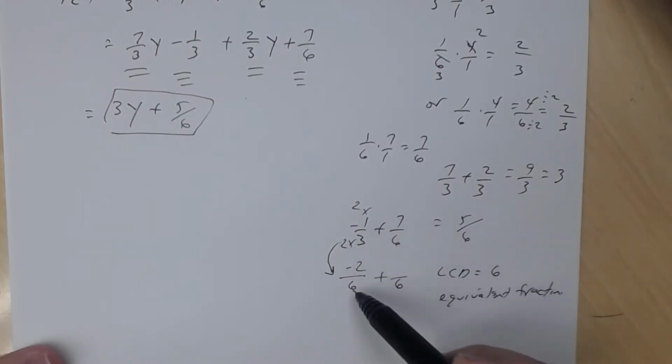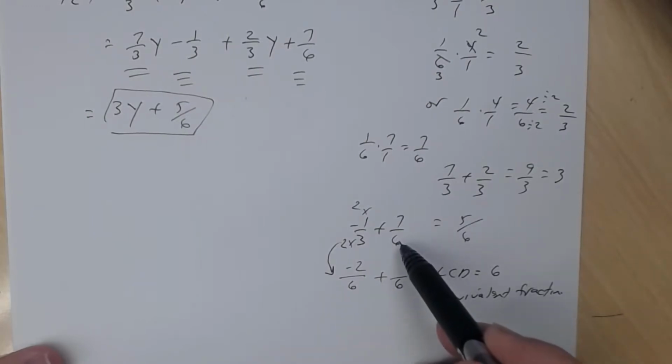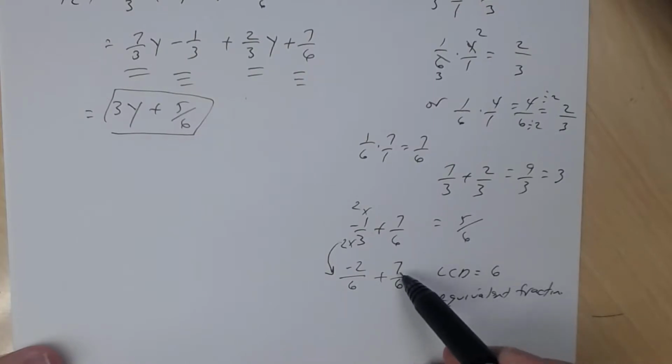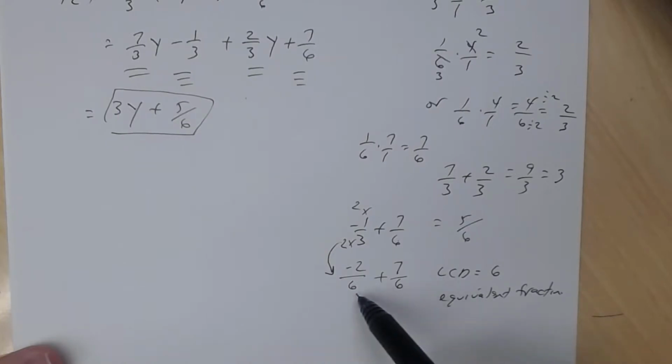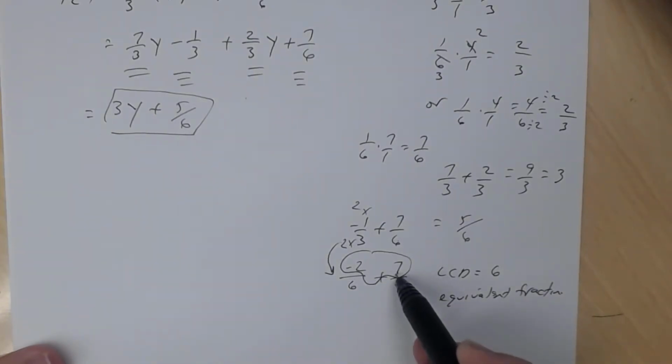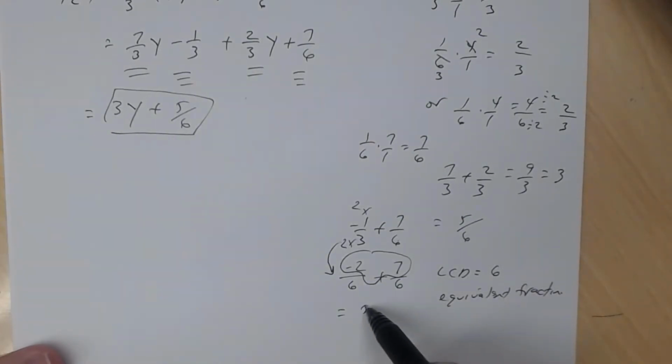Over here, these denominators are the same, so 7/6 is equivalent to itself. And now, since the denominators are the same, I can combine the numerators. So -2 plus 7 is a positive 5. So I get 5/6, and that's what this was.